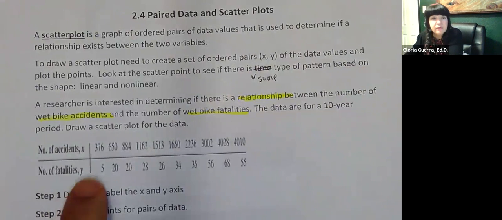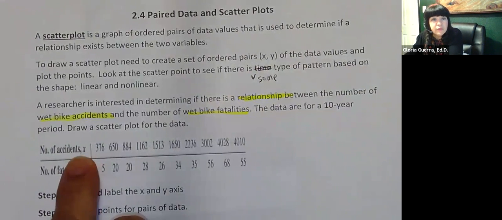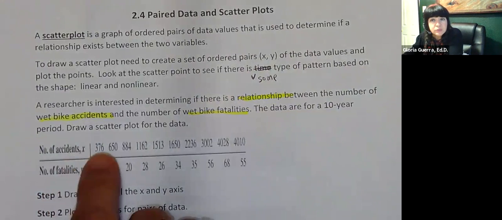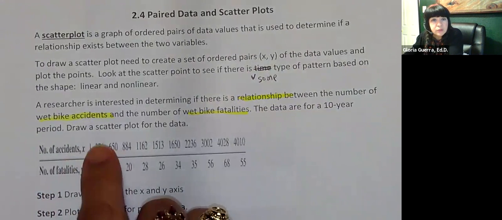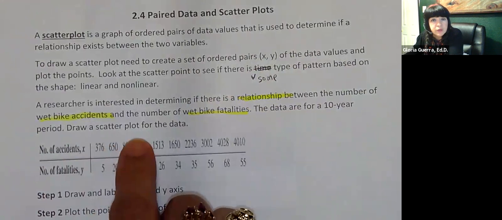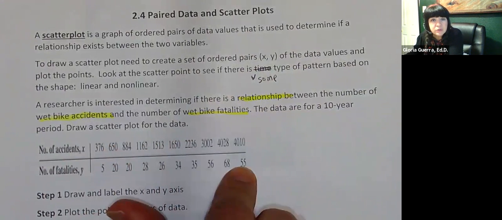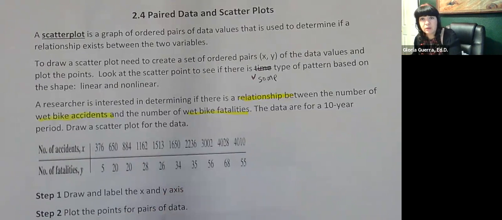Look how they have this labeled as X, the number of accidents, and this labeled as Y, the number of fatalities. They said there was a 10-year period: 1, 2, 3, 4, 5, 6, 7, 8, 9, 10. So there's your data coming from that amount of years.